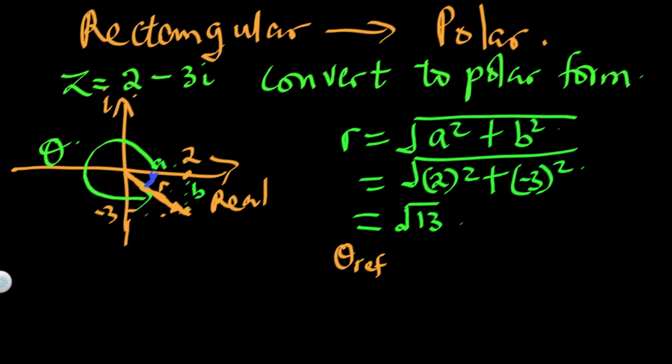To get the whole angle theta, we say 360 minus theta ref, because theta is an angle that is above 270 degrees but less than 360 degrees.